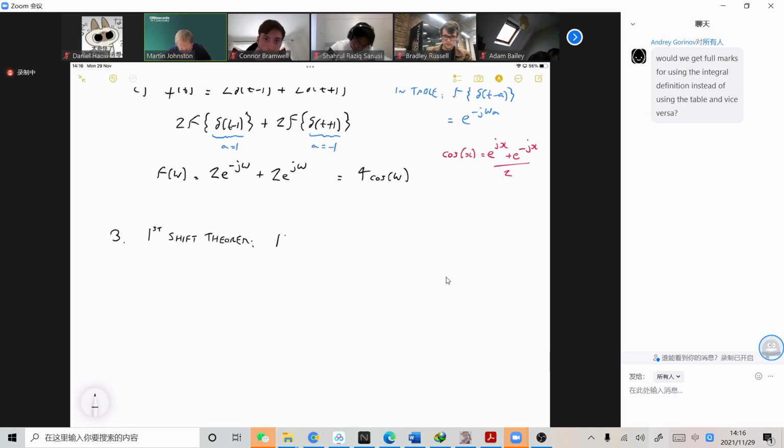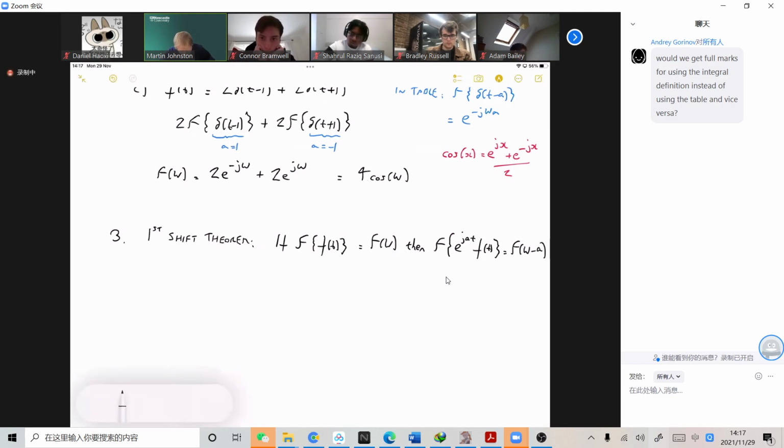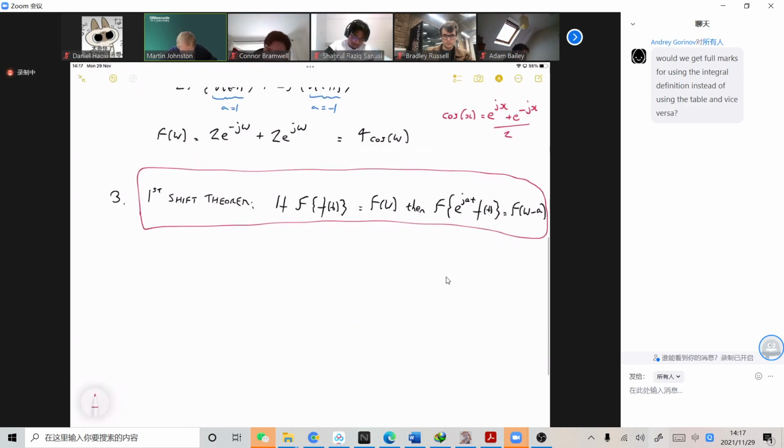Okay, so if the Fourier transform of some function equals F of omega, then the Fourier transform of the same function but multiplied by e to the jat is F of omega minus a. Okay, so that's the first shift theorem. So we're going to use that to answer these 2 questions.